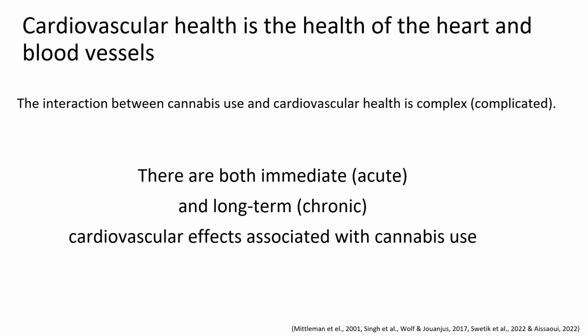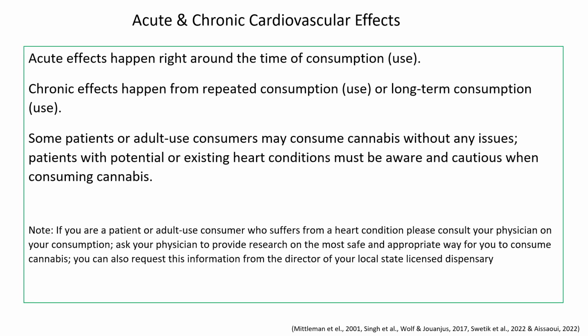The interaction between cannabis use and cardiovascular health is also complex. There are both immediate, acute, and long-term, chronic cardiovascular effects associated with cannabis use. Acute effects happen right around the time of consumption. Chronic effects happen from repeated consumption. Some patients or adult use consumers may consume cannabis without any issues.